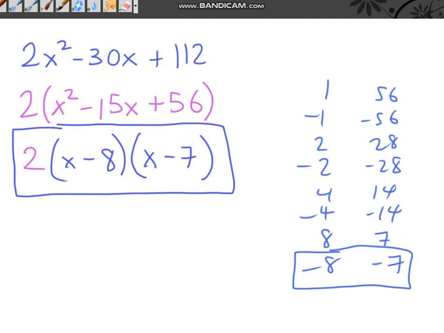Okay, going to clear the screen. Show you another example. Let's say we have something like 4x squared plus 8x minus 192. What I mentioned earlier is, if you see a common factor that can be pulled out, pull it out.